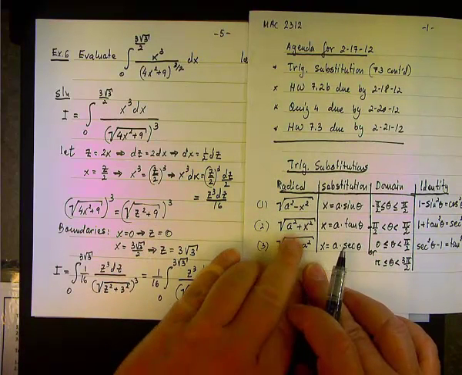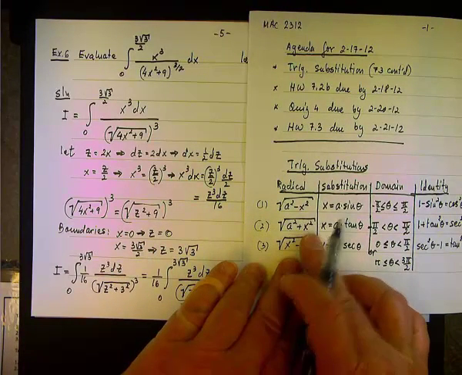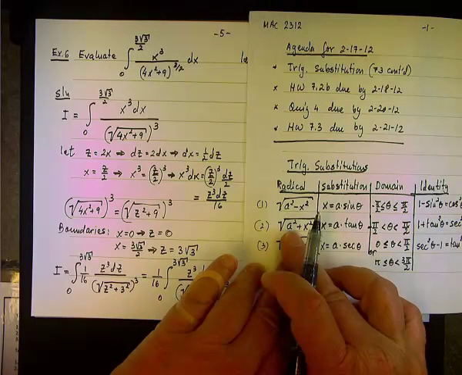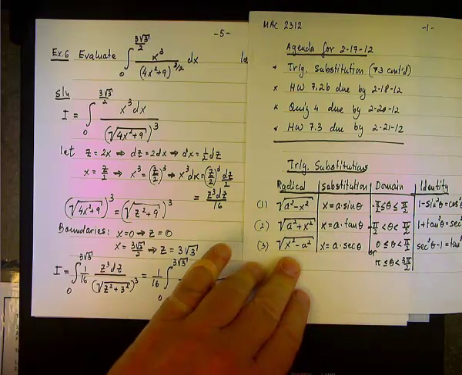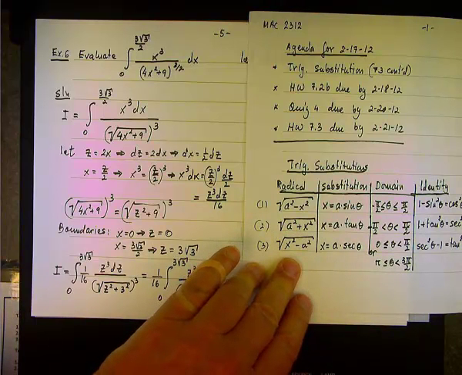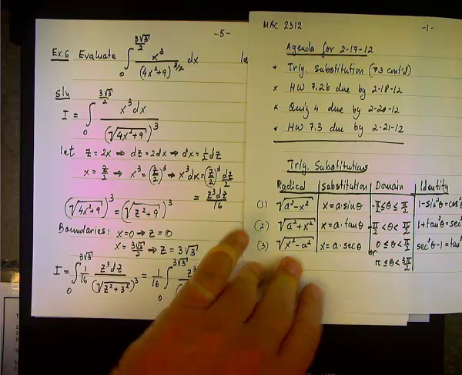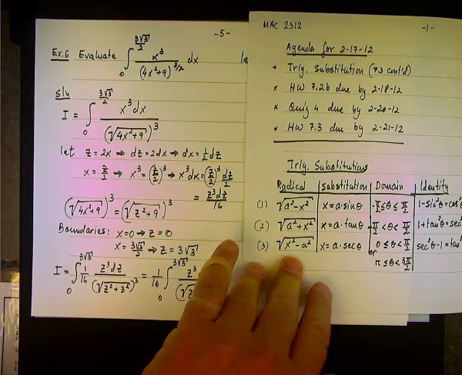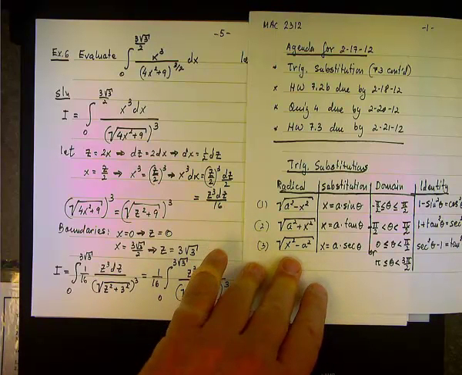So in our case, this will be a squared plus x squared, or x squared plus a squared. You need to have a variable squared plus a number squared. So you have 4x squared. So either do what I did, replace 4x squared with z squared, or do what John did, factor out the 4. But if you factor out the 4, then instead of 9, you have 9 over 4.